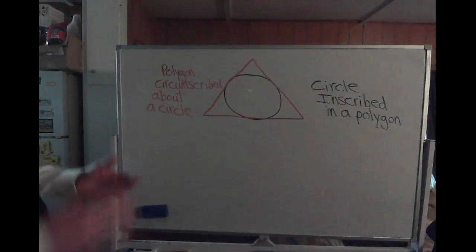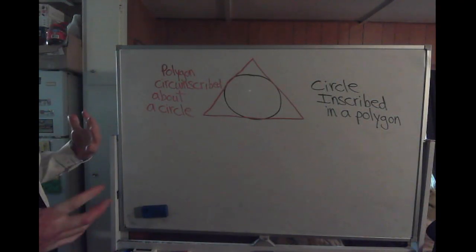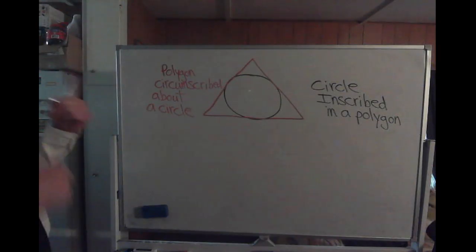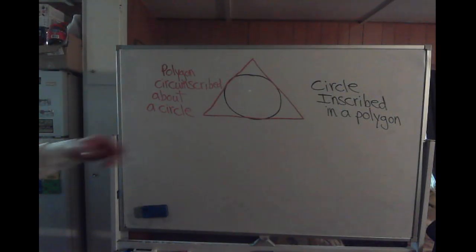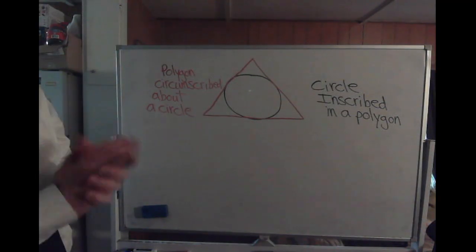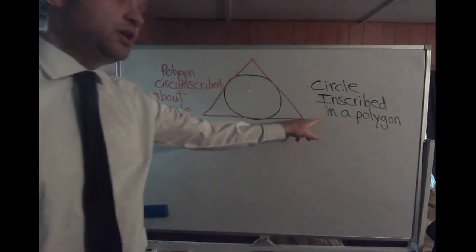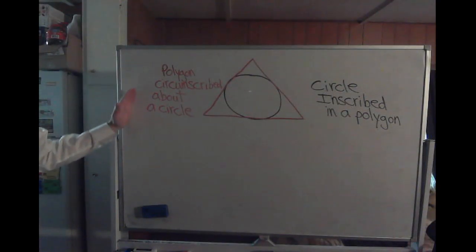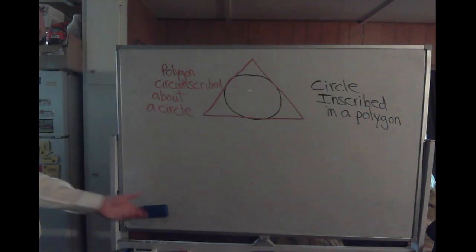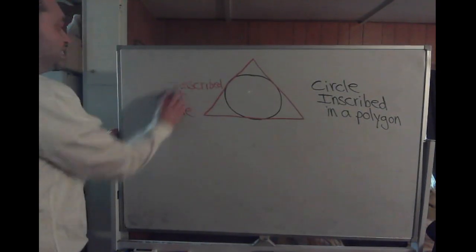So not only can you have a polygon inscribed in a circle and a circle circumscribed about a polygon, you can have it reversed based on tangent lines, where you have several tangent lines that touch to form a polygon, where you have a circle inscribed in a polygon, and then you have a polygon circumscribed about a circle. So that's something important to keep in mind as we're talking about tangent lines.